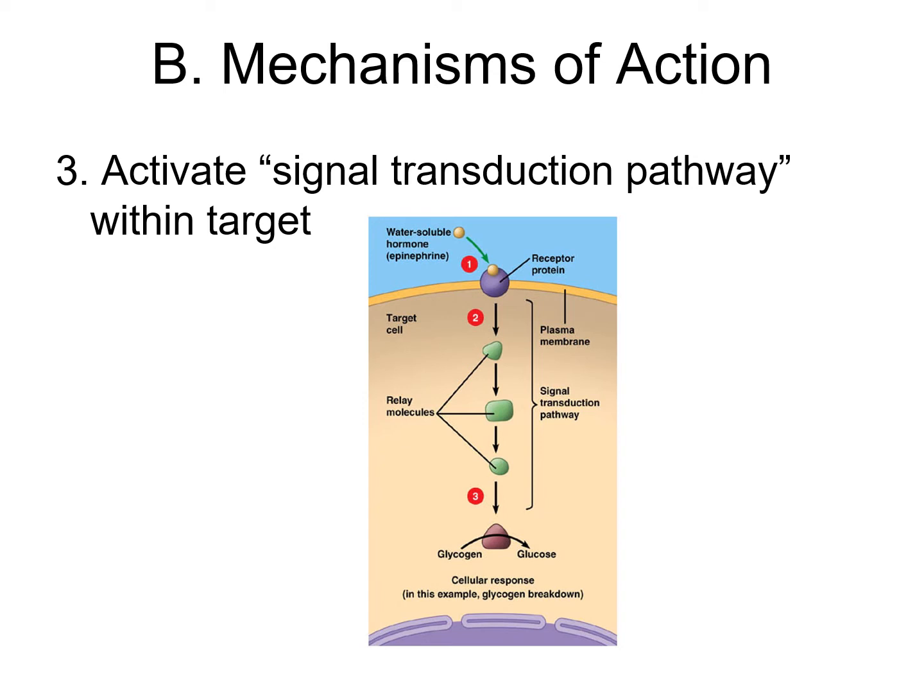And the binding of the hormone to the surface receptor sets into motion a chain of reactions where proteins on the inside of the cell become active and in turn activate the next relay molecule in the chain until we finally get the last relay molecule active that's capable of binding to the protein, converting it into its active form, and allowing that change in the physiology of the target cell to happen.